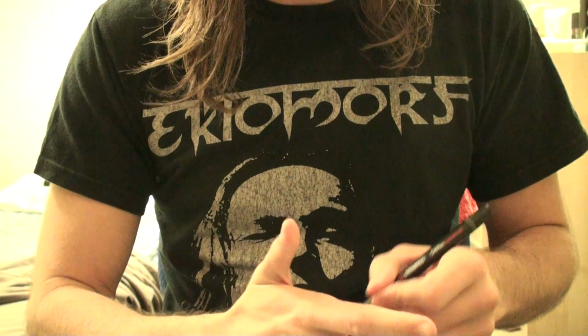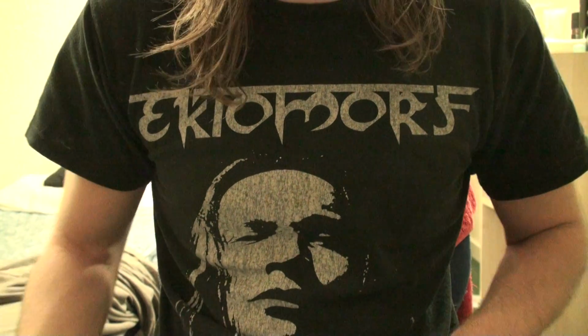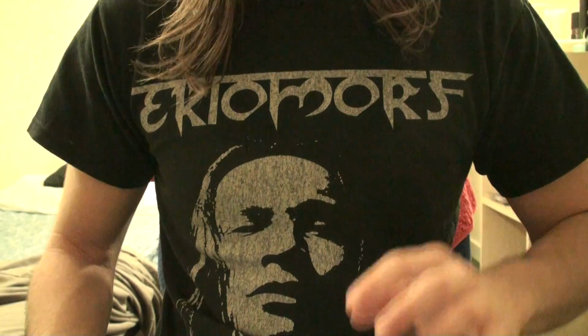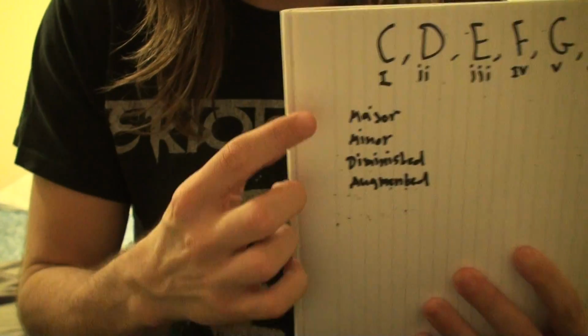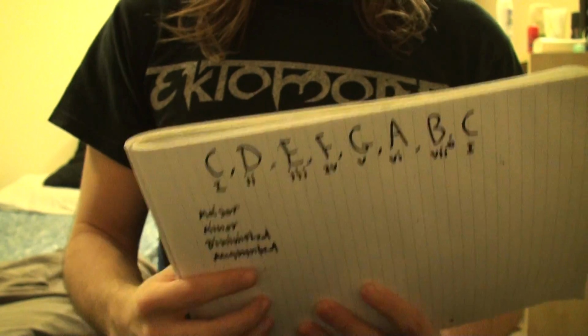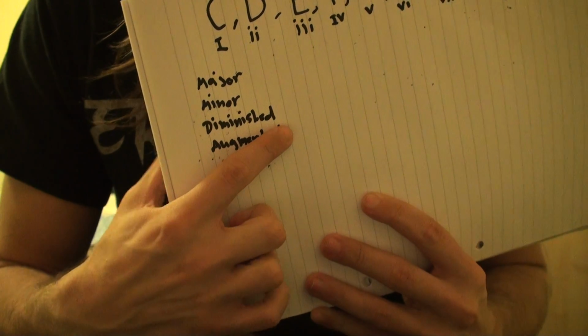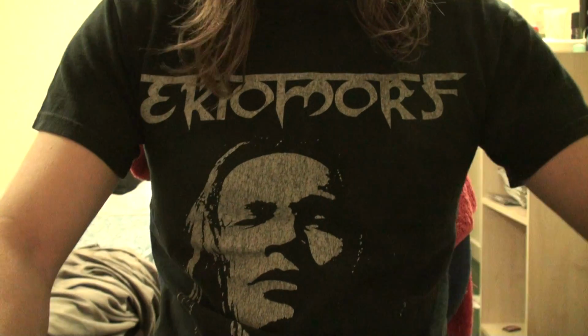So that's 4 different types of triad chords. And triad chords are the most basic form of chords that you can get. Major, minor, diminished, augmented.